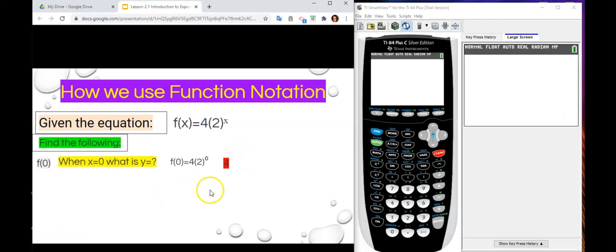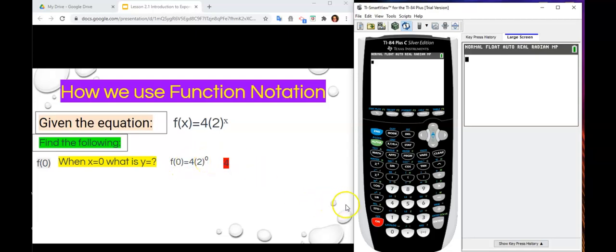Okay, so as you can see now, I have my graphing calculator pulled up, and so I'm going to just cut this on, because I want to show you guys how to do this both ways. So basically, this function notation just told me that everywhere I saw an x in the equation, I needed to substitute a 0 in. So the only place I saw an x was here where the exponent was written of x. So instead of writing that x there, I now replace that x with a 0.